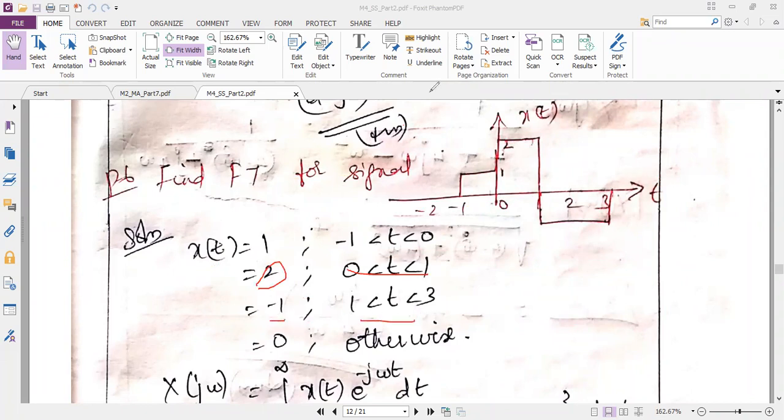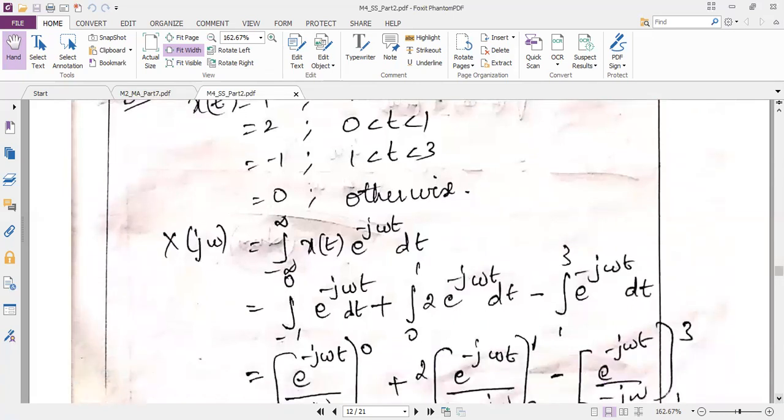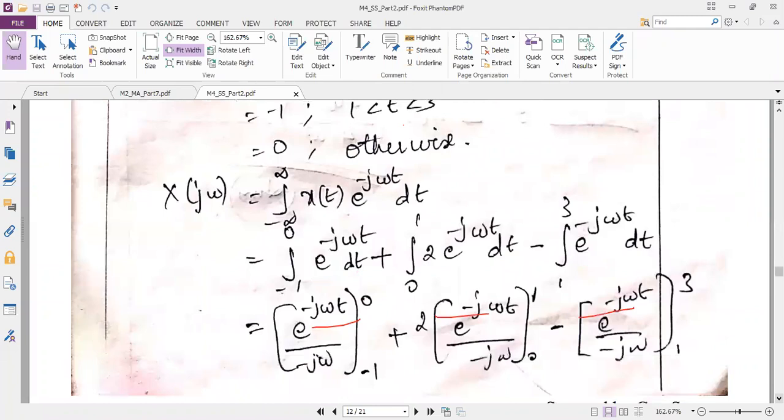If you identify this, then I need not tell you anything to solve the problem. You have to use the formula. Since we have three different magnitudes, we will be getting three terms. I want you to solve it by yourself and get me the answer.